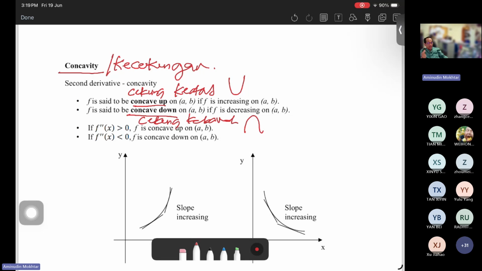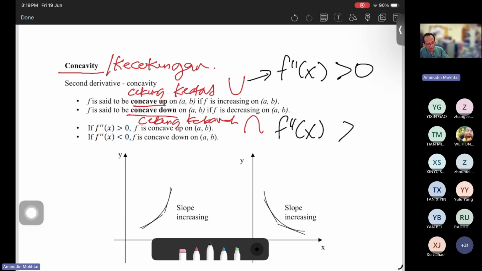If the second derivative is positive, f double prime is greater than 0, we can conclude that the graph is concave up, cekung ke atas. But if the second derivative is negative, the graph is concave down, cekung ke bawah.